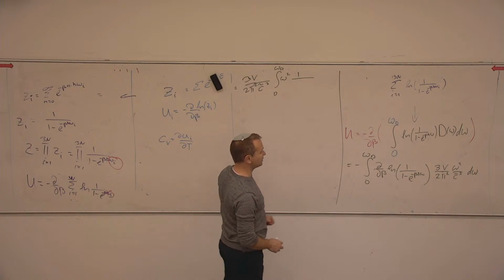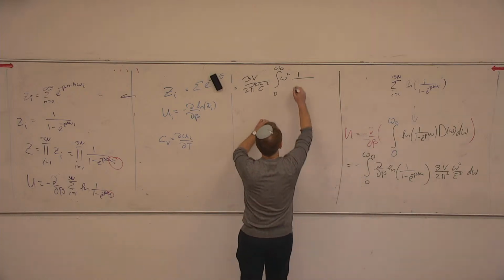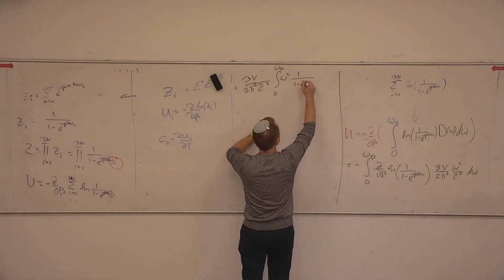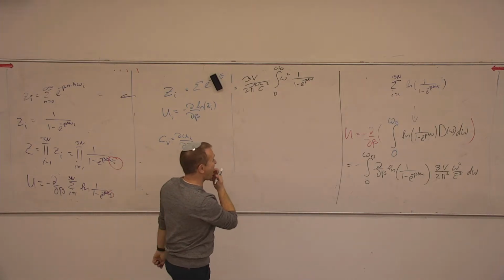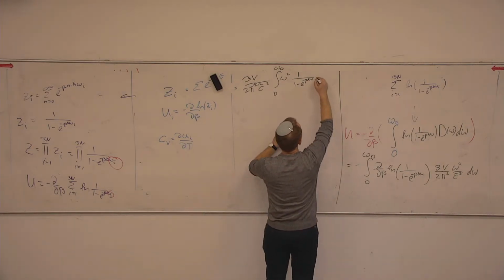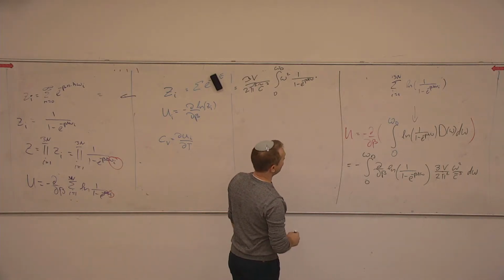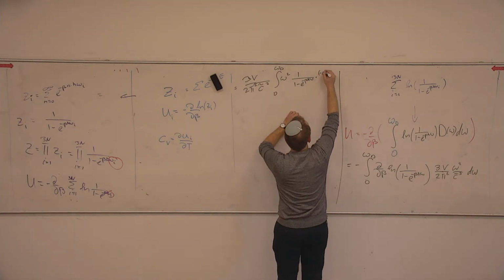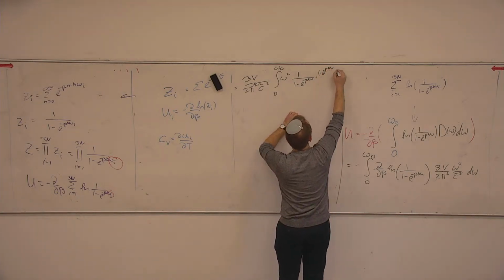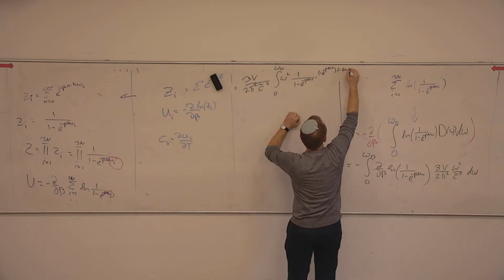No, I am taking the derivative of the logarithm. So it's 1 over 1 minus e to the power minus beta h bar omega, multiplied by minus e to the power minus beta h bar omega, multiplied by minus h bar omega.